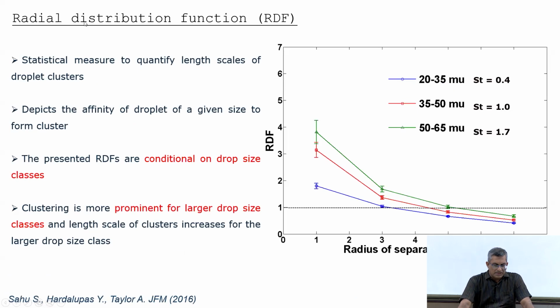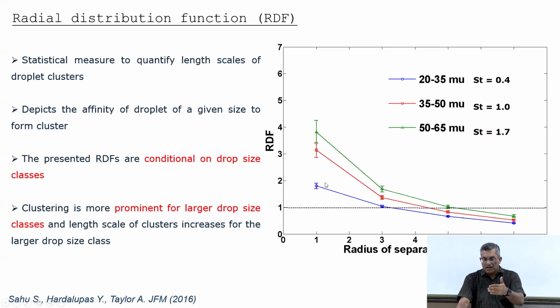So this is the radial distribution function. Basically, you can say it provides a statistical measure to quantify the length scale of particle clusters. Okay. So closer to a particle, this radial distribution function is higher. As you move away from a particle, this radial distribution function would reduce. So the place where it becomes 1, that separation distance provides a statistical measure of the particle clusters.